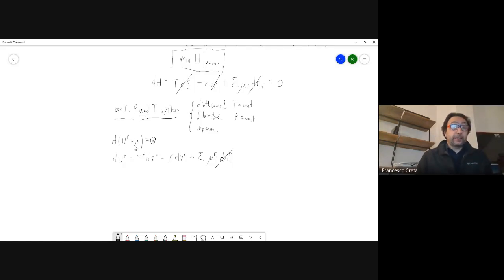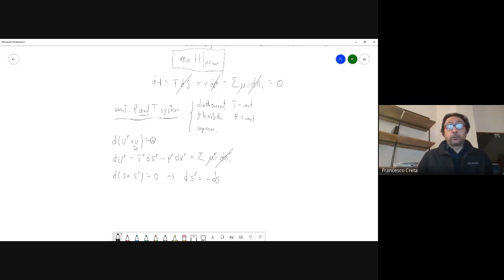The overall system, again, we know by definition is isentropic. So all we can say here is that dSR is equal to minus dS.